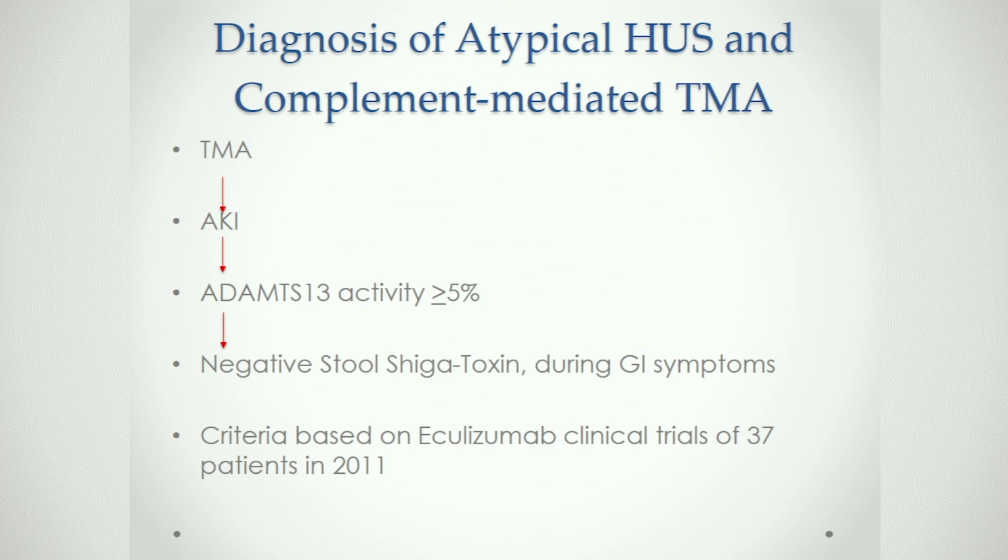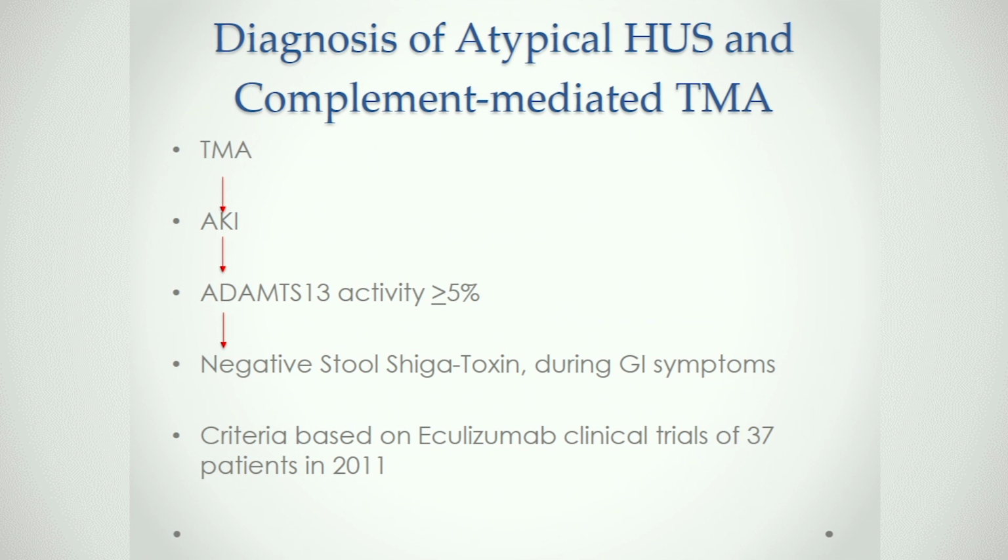So that we end up with a very different diagnosis in this case of either an atypical HUS or in this patient's case, a TMA-associated complement disorder where she had normal ADAMTS13, negative Shiga toxin, and even didn't have GI symptoms to worry about.